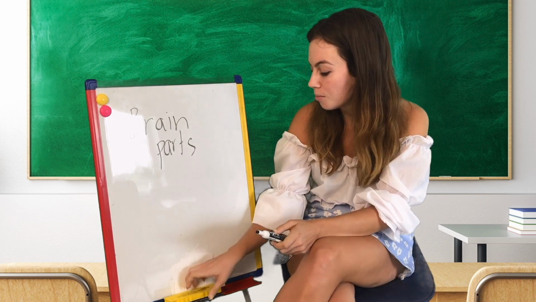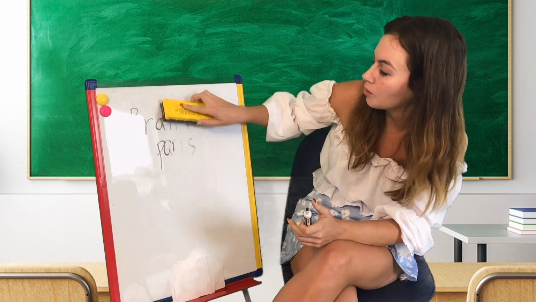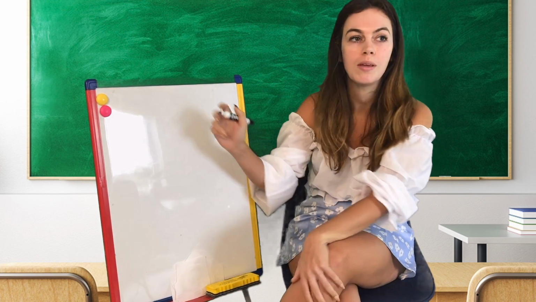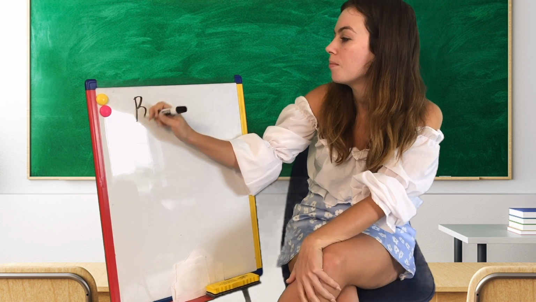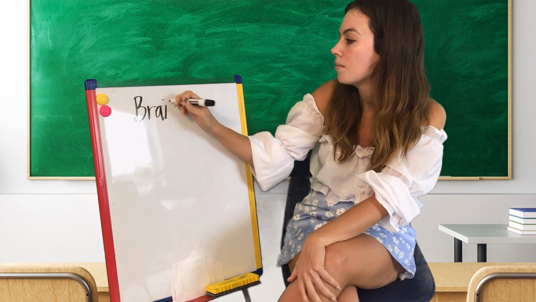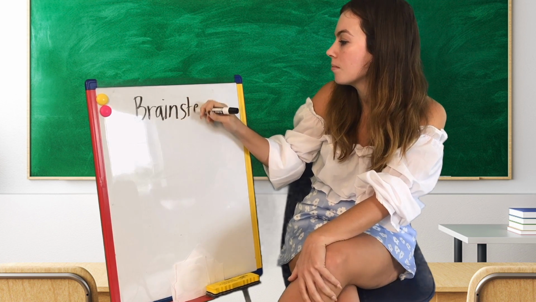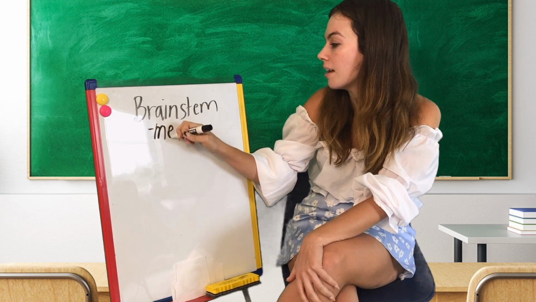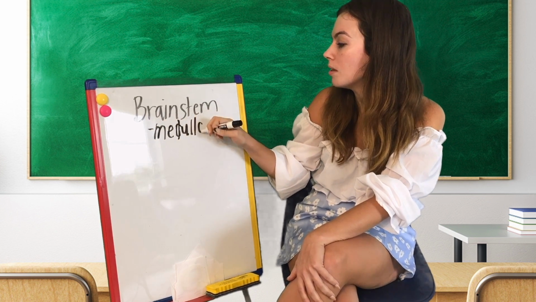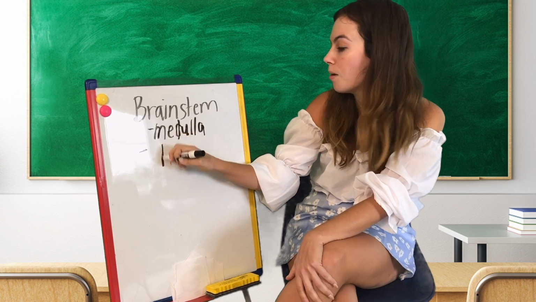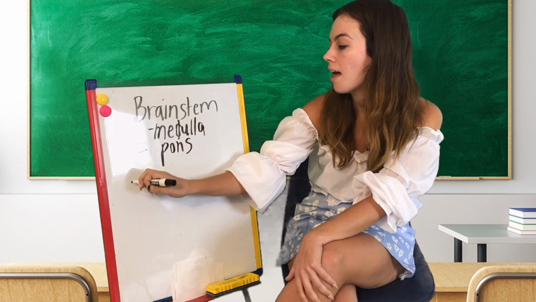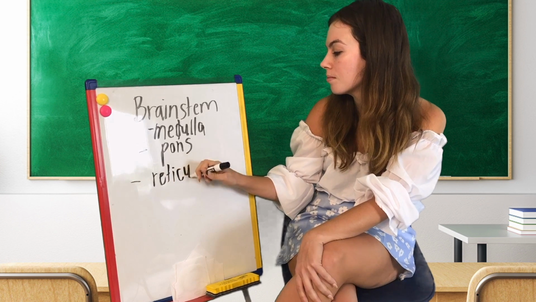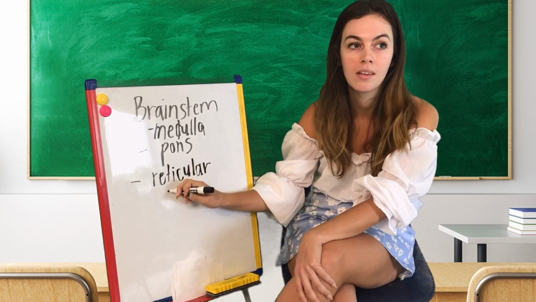Some of the different parts that we'll be looking at today: the brainstem, and within the brainstem, the medulla, the pons, as well as the reticular formation.